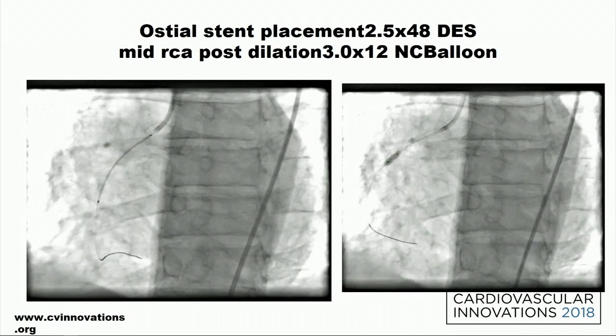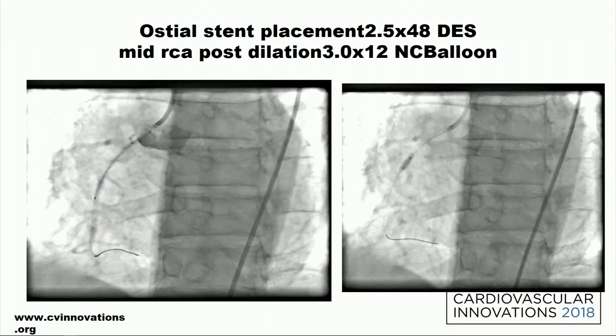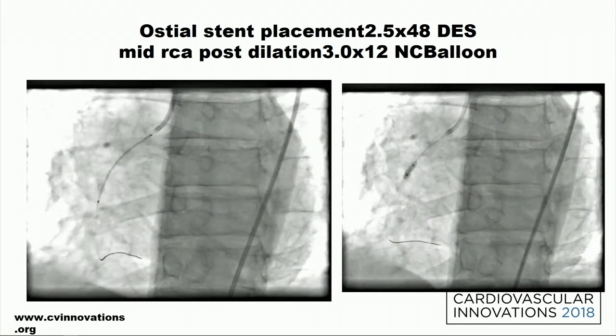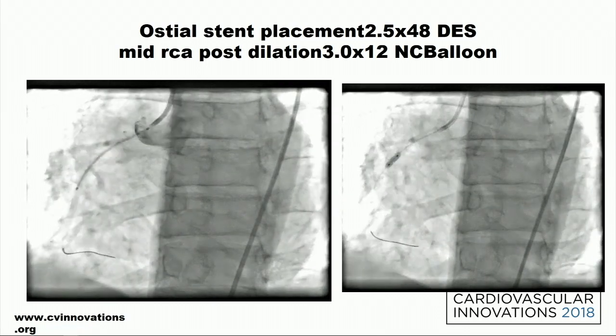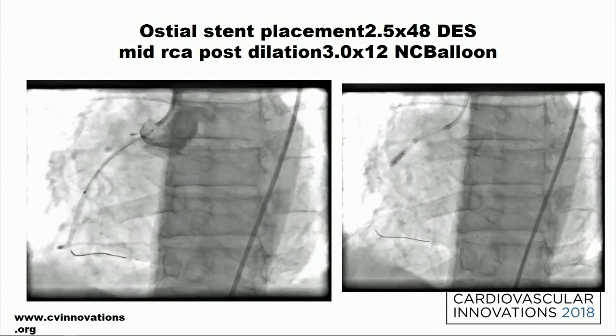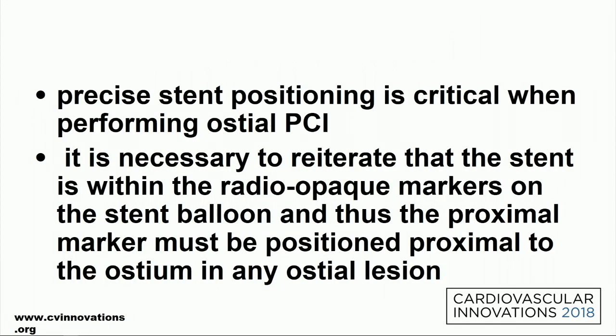So then we placed the stent from the ostium of the right coronary artery across the lesion in the mid RCA, a 2.5x48 DES, and we post-dilated with a 3x12 non-compliant balloon. Precise stent positioning is critical when performing ostial PCI.